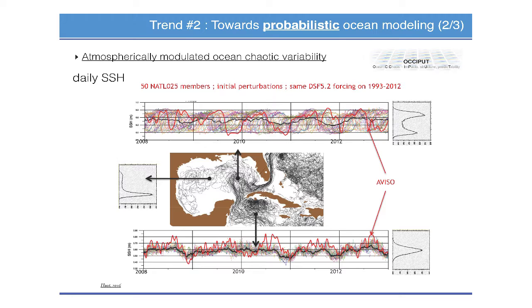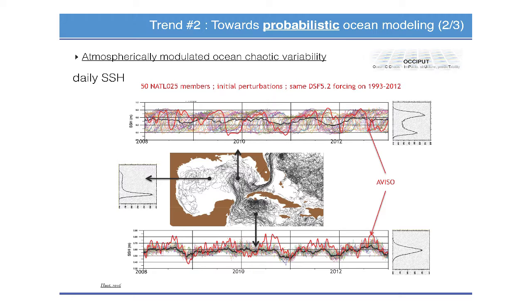in certain places, if you look at sea surface height, you get a monomodal distribution, like here within the Gulf itself, or here in the Caribbean Sea, same kind of Gaussian distribution.